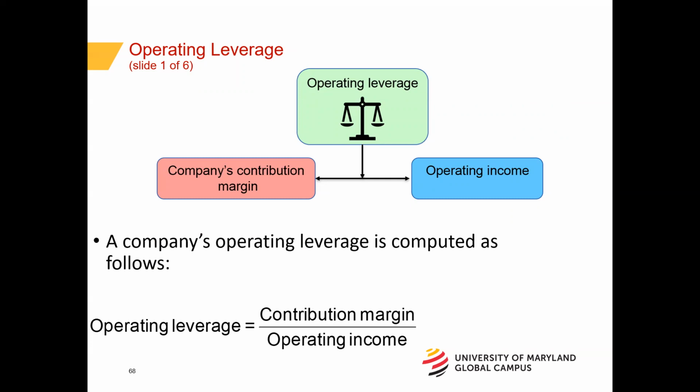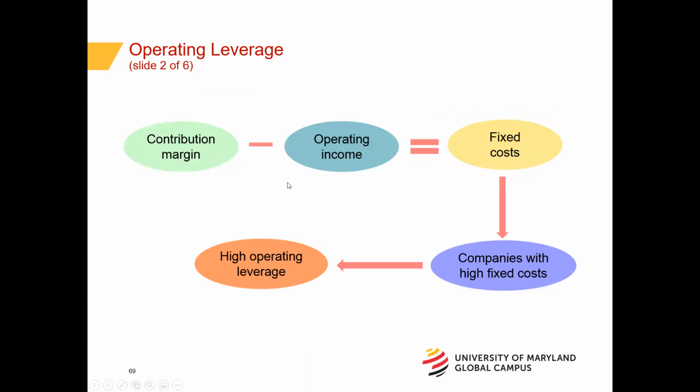Operating leverage is a relatively simple formula: contribution margin divided by operating income. Contribution margin minus operating income equals our fixed costs. Companies with high fixed costs have high operating leverage.